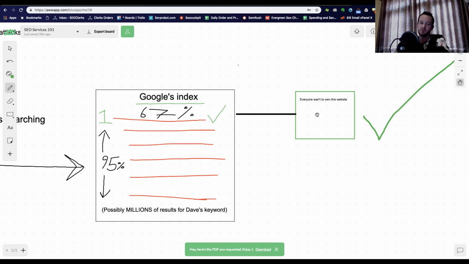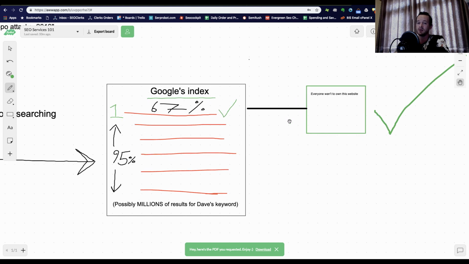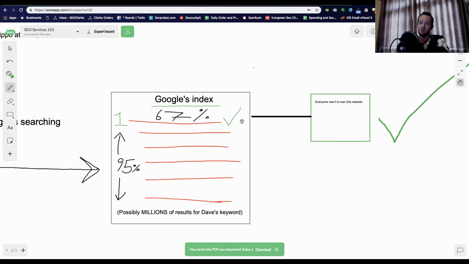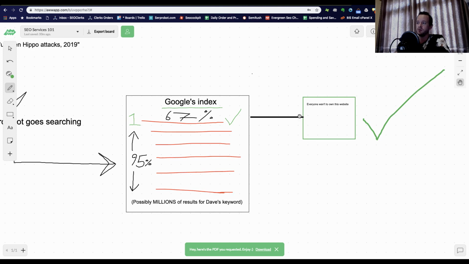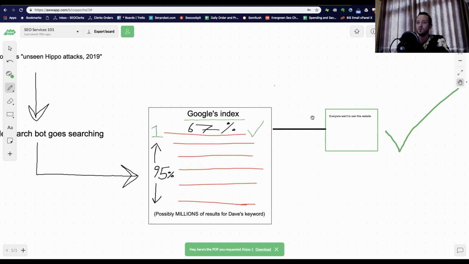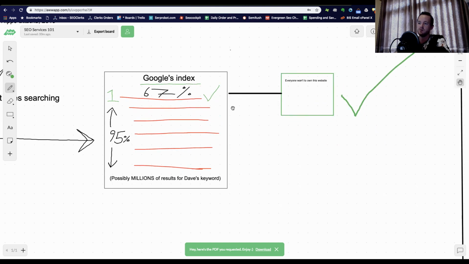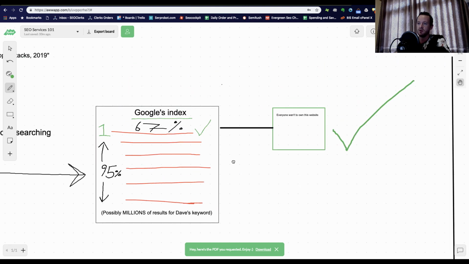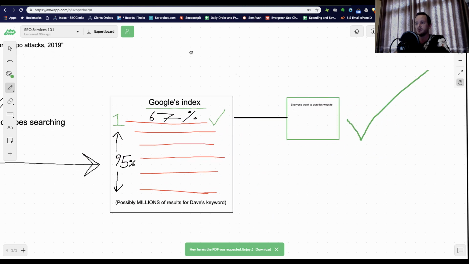Imagine 67,000 people. If you converted 5% of those people to buy your products, that's a lot of products to be sold, and you can make a huge amount of money, and lots of people are making absolutely millions doing this. So that is why people want to be on position 1, and that's the job of an SEO or an SEO service provider. So I'm sure that's pretty clear.